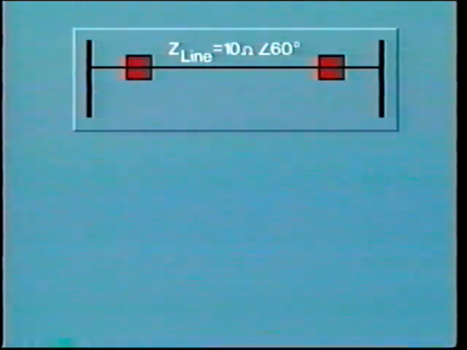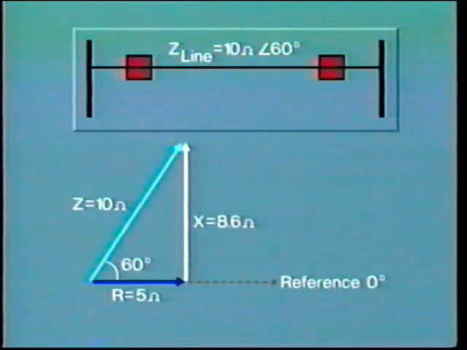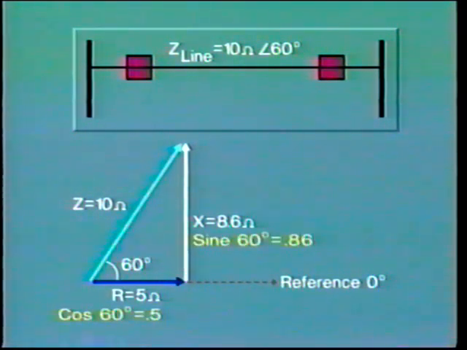The impedance of this line is stated to be 10 ohms at a phase angle of 60 degrees. If we draw this accurately, we find that the impedance is made up of ohmic resistance 5 ohms and inductive reactance 8.6 ohms. We can check this from our trigonometry table. The cosine of 60 degrees is 0.5. The sine of 60 degrees is 0.86.